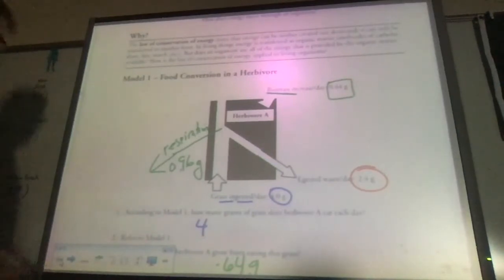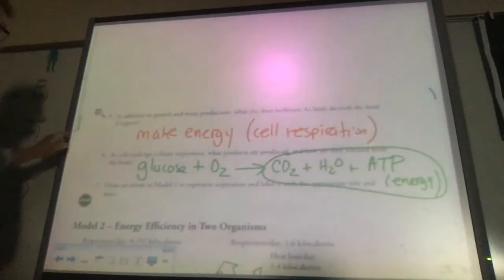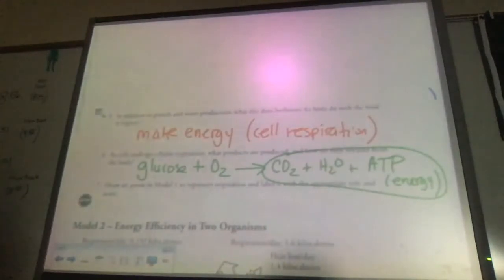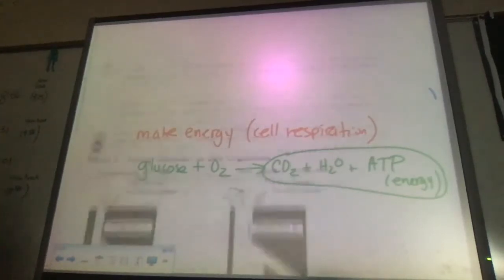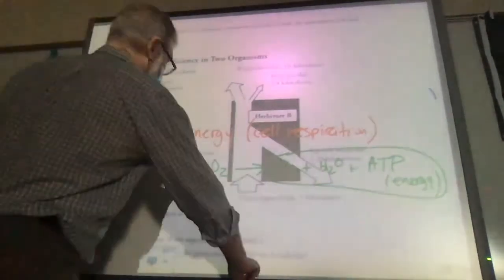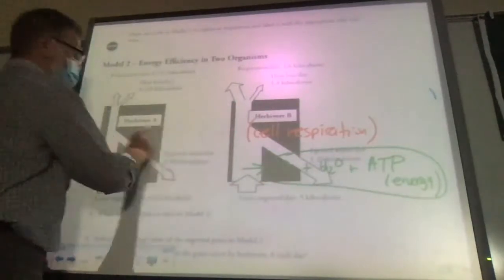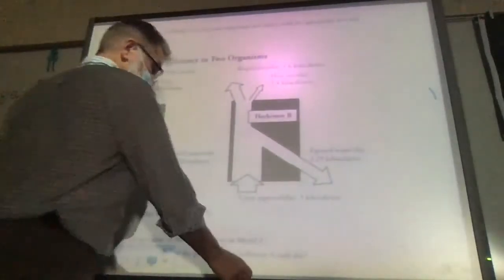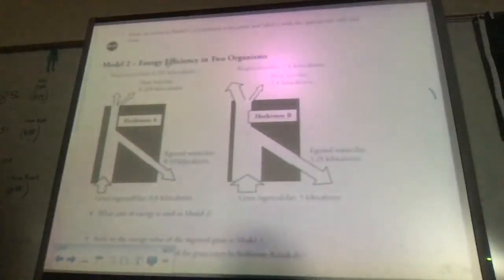Okay. So then we're going to go to model 2. Model 2 is adding a second herbivore. Herbivore A is the same one we saw in model 1, and herbivore B is the new one. So based on these 2 models, take a moment and try to answer questions 8 and 9.